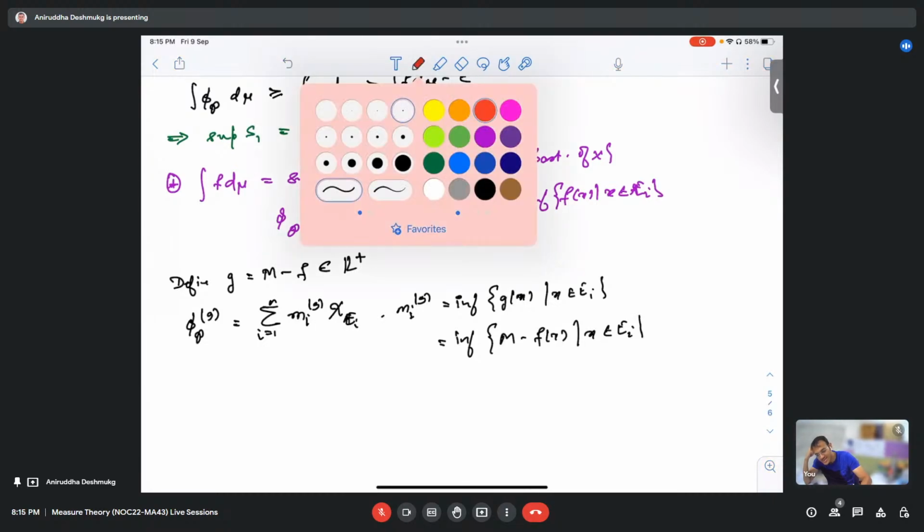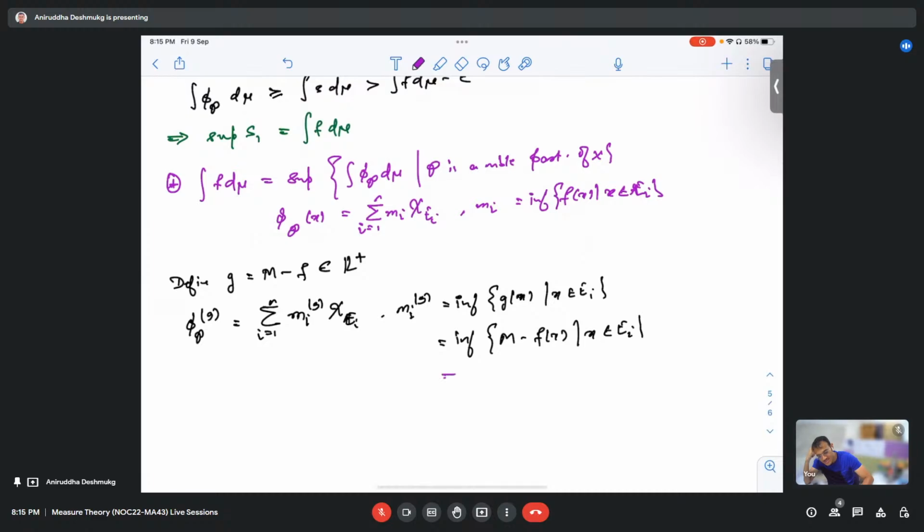Tell me whether we can write it like this: this is equal to M minus the supremum of f(x) as x belongs to E_i. Can I write this?